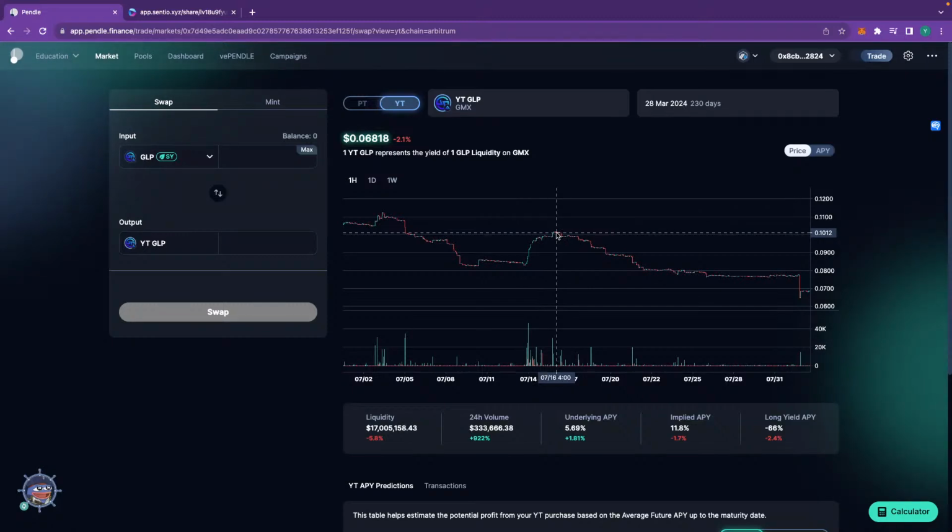And that is an absolute profit of 20% in just 3 days. So yeah, if you do it well, trading YT can be pretty lucrative if you know what you are doing.